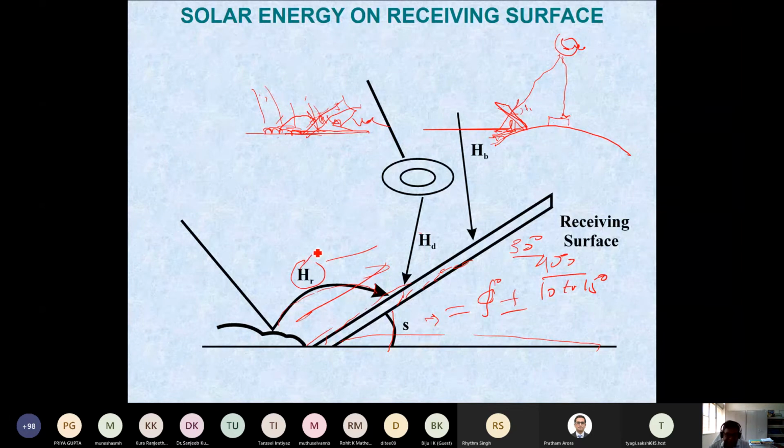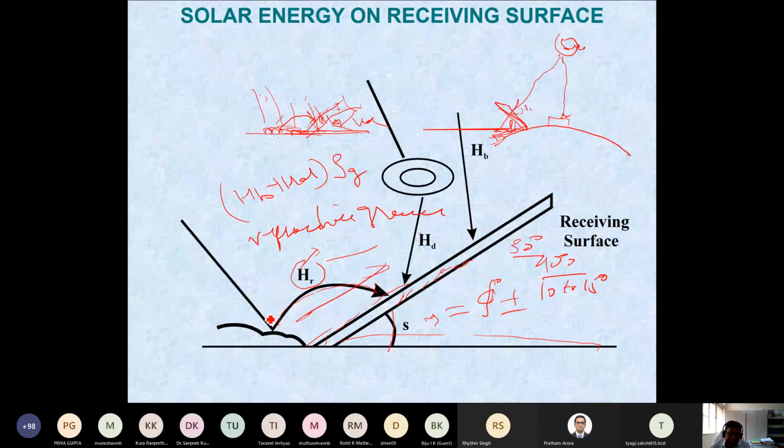So what is this HR, this reflected solar radiation? This is nothing but the HB and HD falling on this receiving surface, and depending upon the reflectivity, this rho G, I'm calling this the reflectivity of the ground, G for ground.